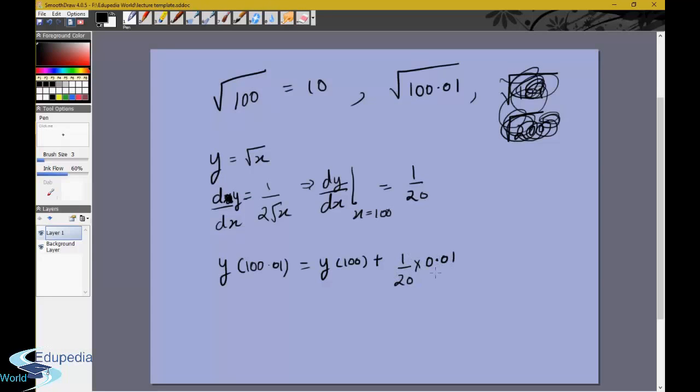So 0.01 by 20 will be 0.001 divided by 2, or 0.0005. So what we'll get as the answer: y of 100 is 10, so 10.0005.